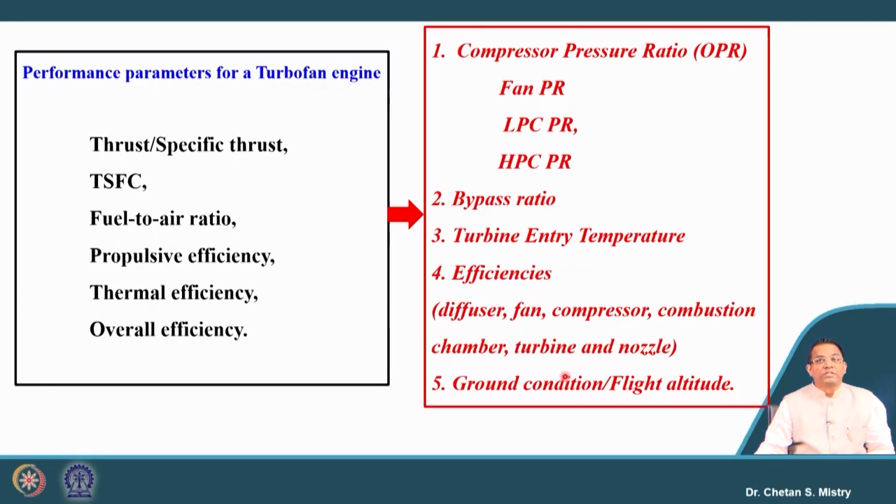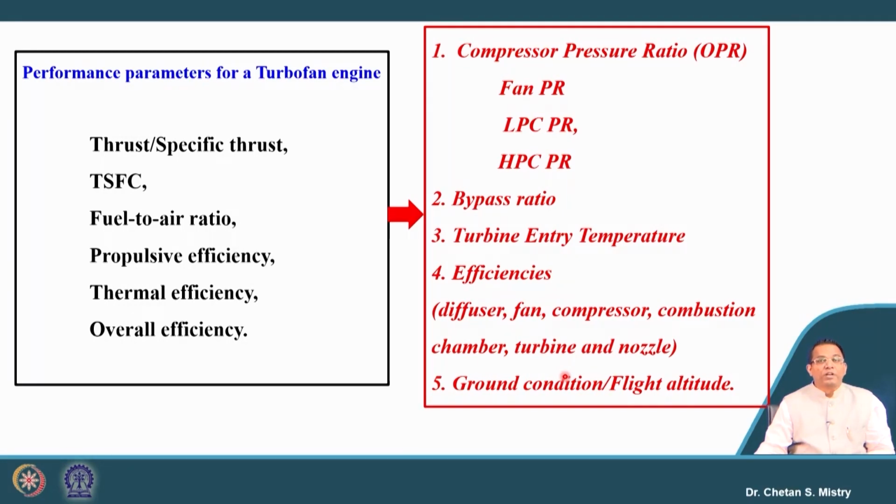The very first is the overall pressure ratio or compressor pressure ratio, where we have fan pressure ratio, LP compressor pressure ratio, HP compressor pressure ratio. By changing the pressure ratio of any one of them, the performance parameters of the engine will change.